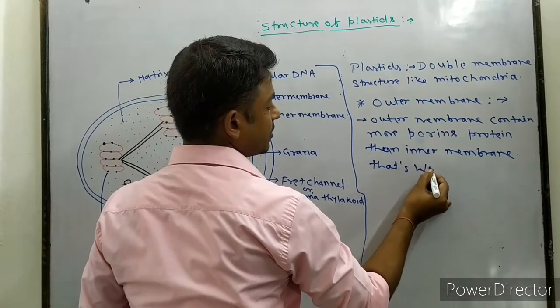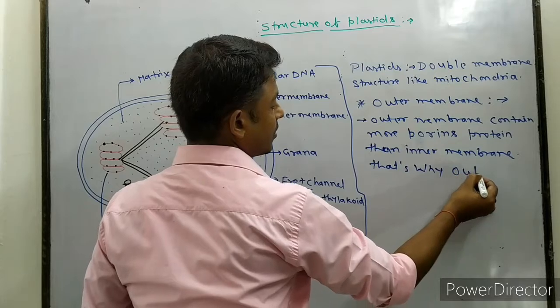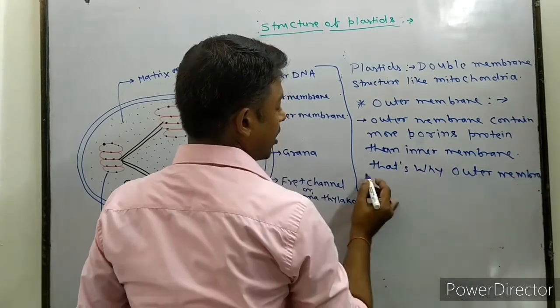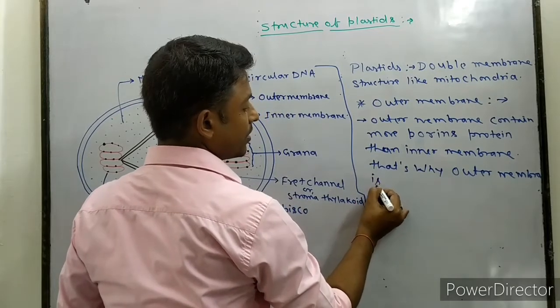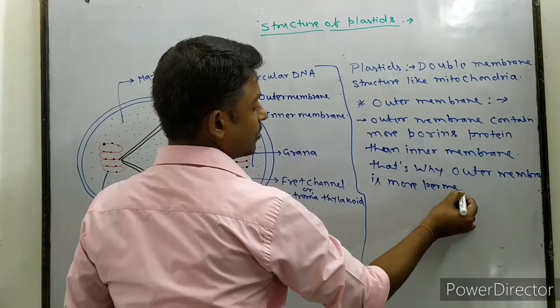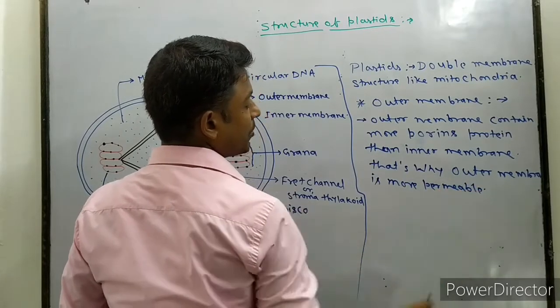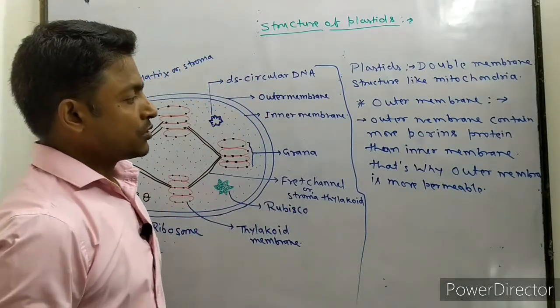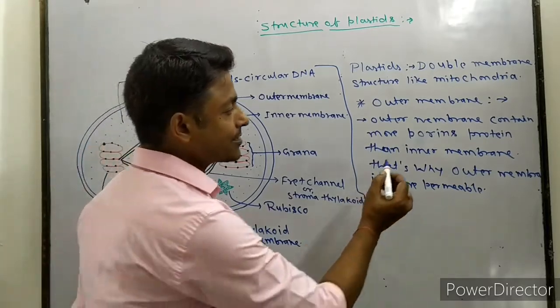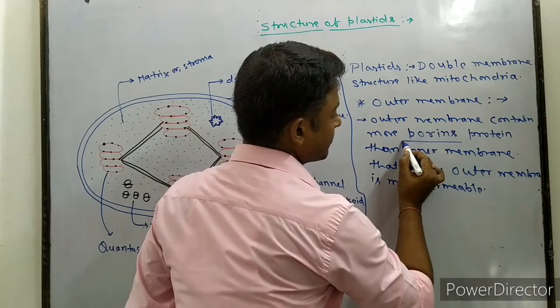That's why the outer membrane is more permeable. So the key point of the outer membrane is porins protein.